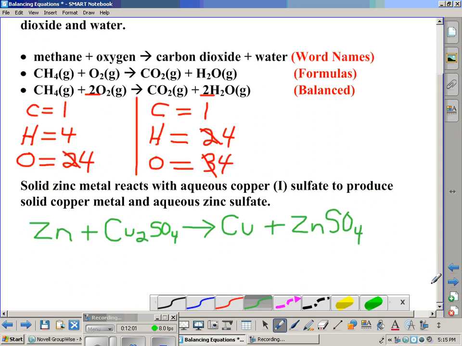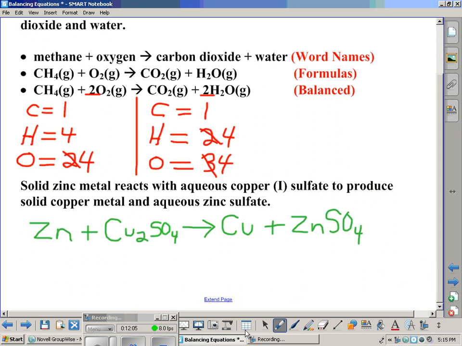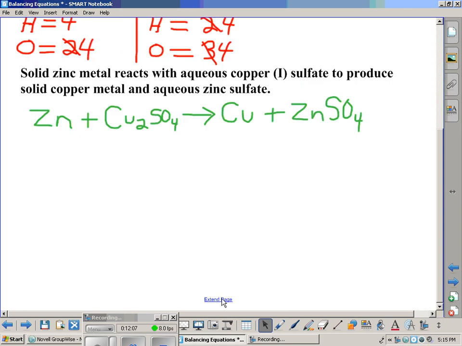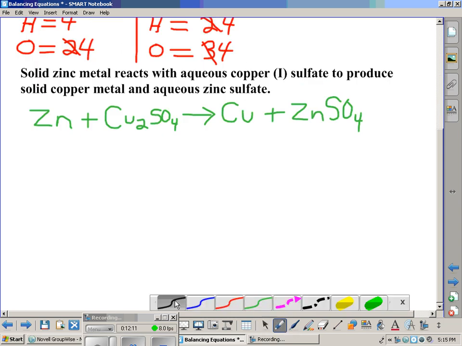Okay, now we need to balance this thing. We need a little more room here. So first I'm going to draw a line to separate my reactants and my products, and on each side I'm going to list all the elements.